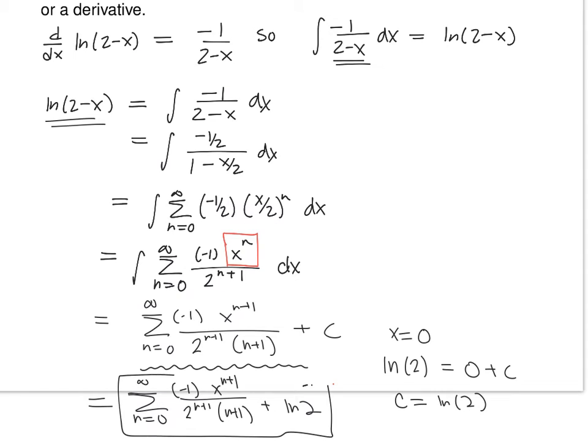There is the power series, or even really the Maclaurin series, because it is centered at 0, for natural log of 2 minus x.